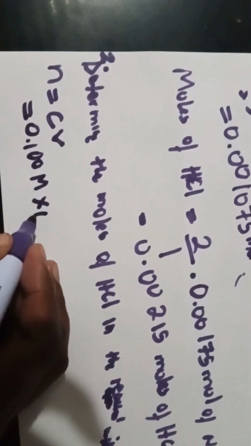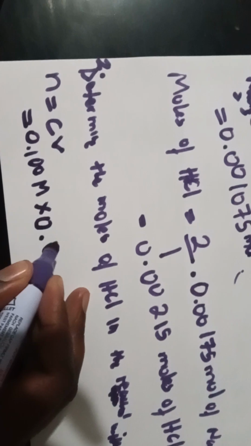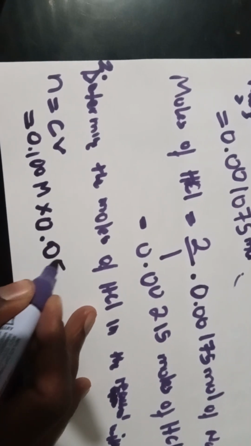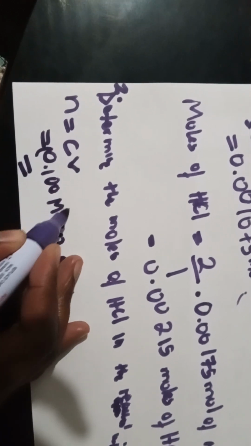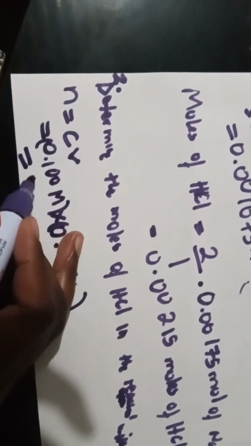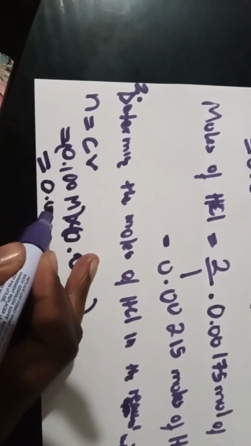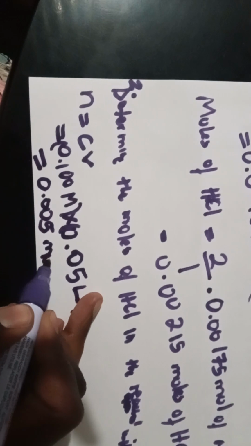The volume is 50 milliliter. We have to make sure that we convert it to liters. So 50 milliliter will then be 0.05 liters. So our final number of moles of HCl will then be 0.005 moles.